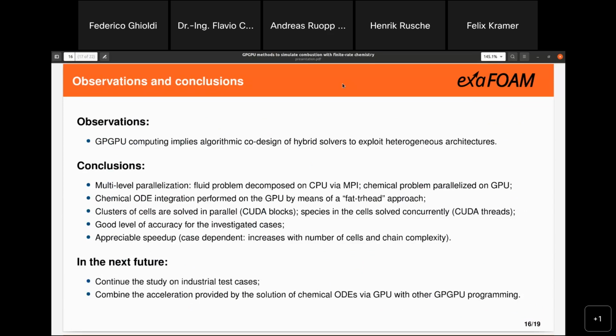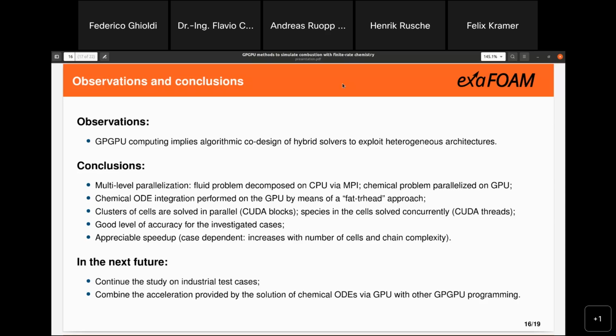Whether the redesign is marginal or less marginal depends on the kind of operation that you're actually moving to the GPU. This is typically related to the fact that whenever you're dealing with heterogeneous architectures, and in particular with GPU computing, you need to exploit the architecture of the GPU. And in this sense, we did it by providing a methodology that allows a multi-level parallelization.